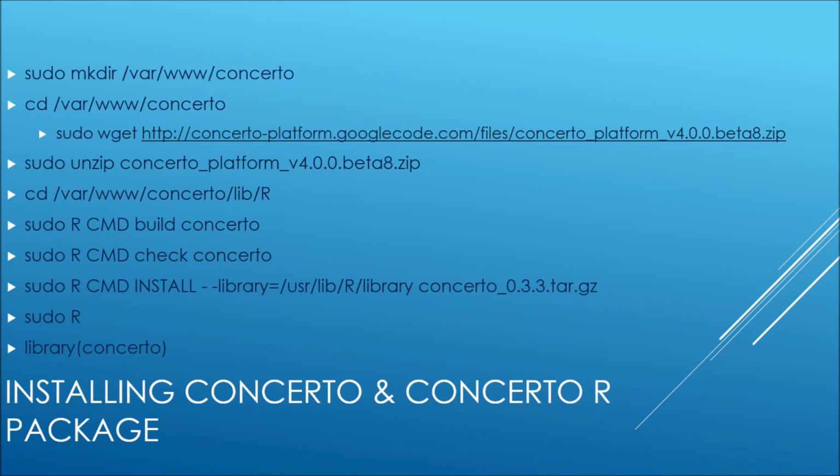We will navigate to that particular directory R, and then we will build the R package. You can also check it using that function. We won't do that because we already know that it's okay. And then we'll install it using that command. And then we will navigate to the R shell, and you call the command library(concerto) in parentheses, and if everything is working okay, then we should see the concerto package load, and also all of its dependencies as well.